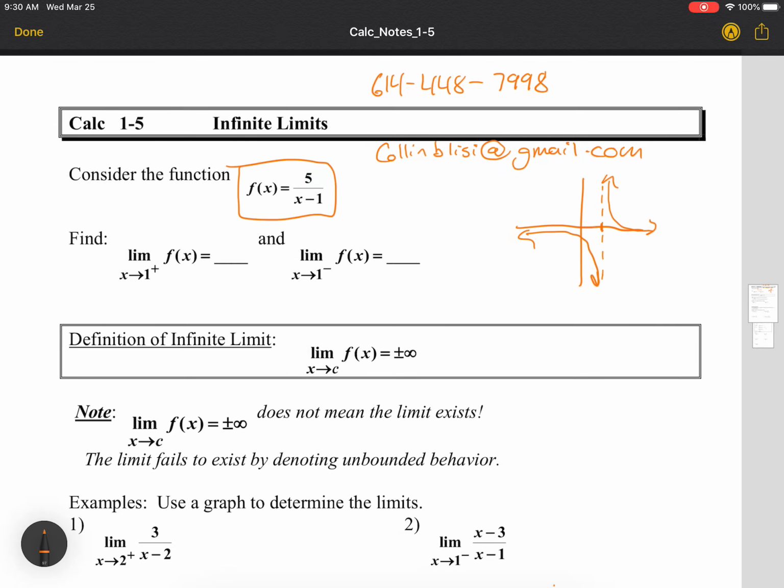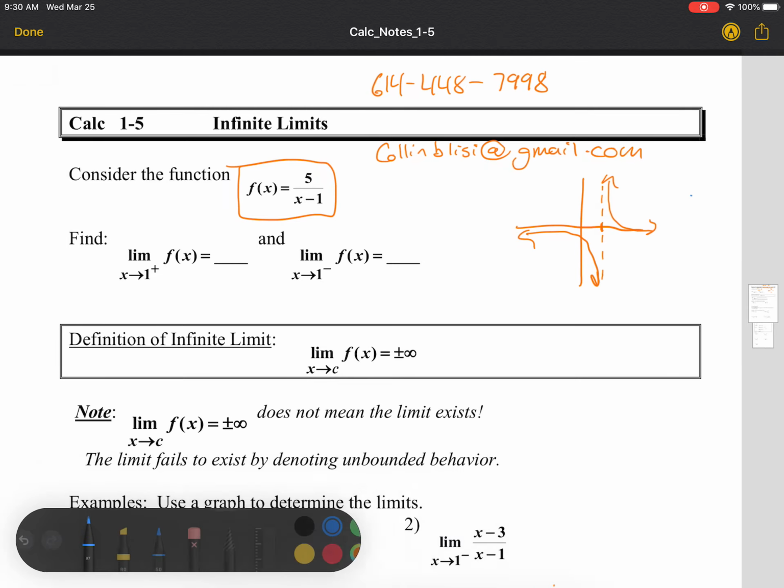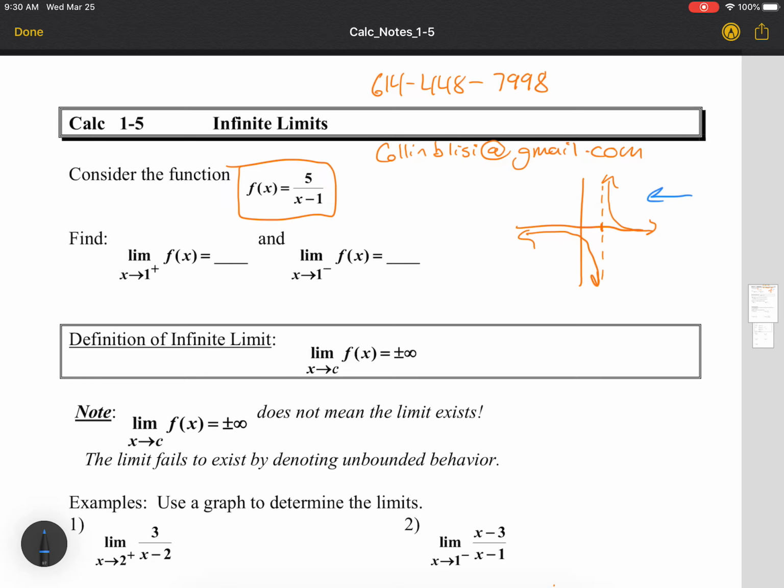Looking at it from the positive side, as it approaches from this direction, we see it starts going up to infinity. So we got that for our right side.